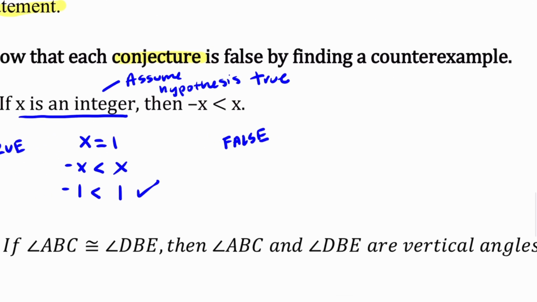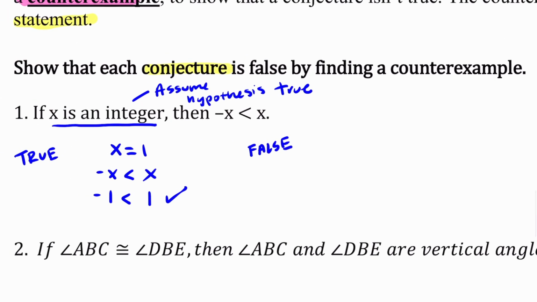So suppose our integer this time is a negative number. Let x be negative 1. Again, my conclusion has negative x less than x, so I'm going to replace both x's with negative 1.